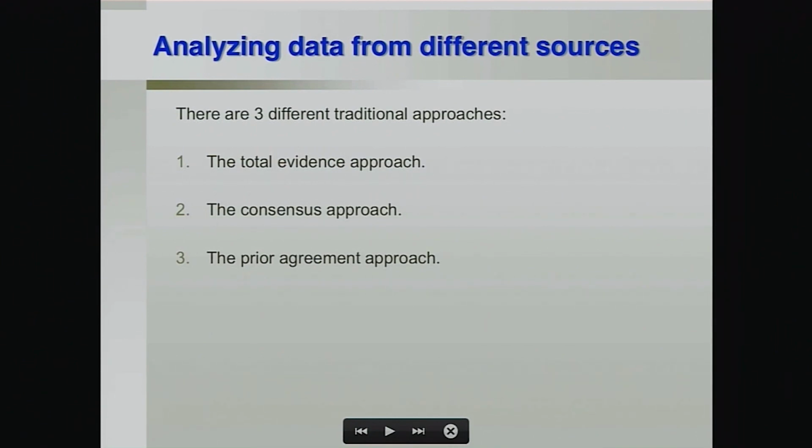And I think you also know that traditionally, when you have data from different sources, in this case from different genes, from these different markers, how do you deal with the analysis? What do you do? You concatenate all the data and perform one single analysis, or you look at the trees.